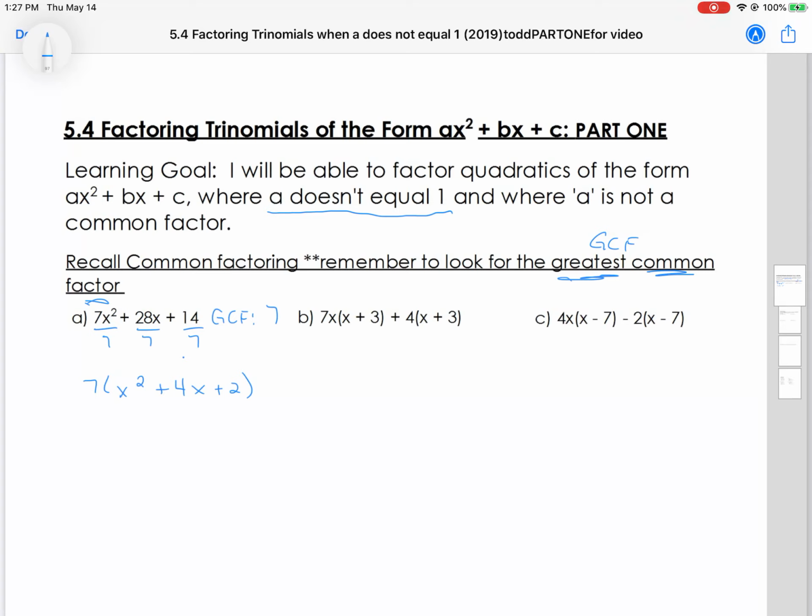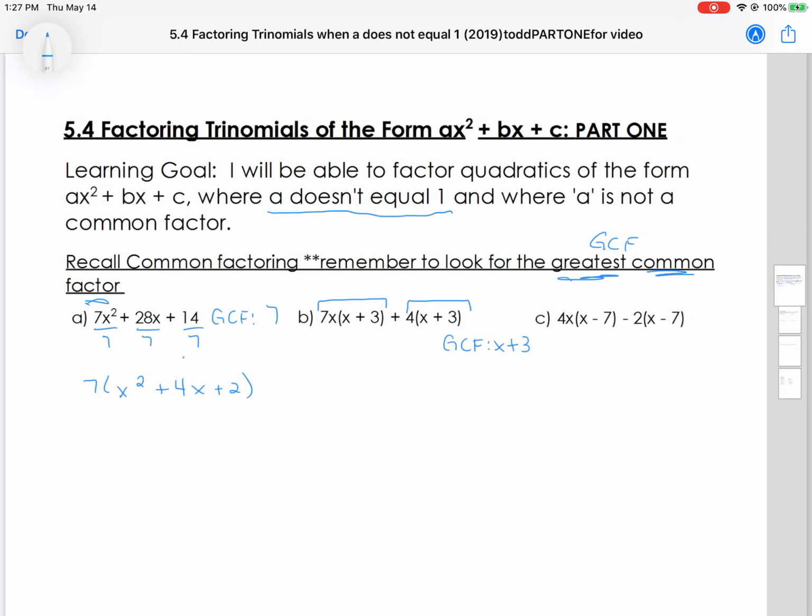So here you can see what's common with this term and this term is the x plus 3. So when you're thinking of your greatest common factor, it's actually x plus 3.